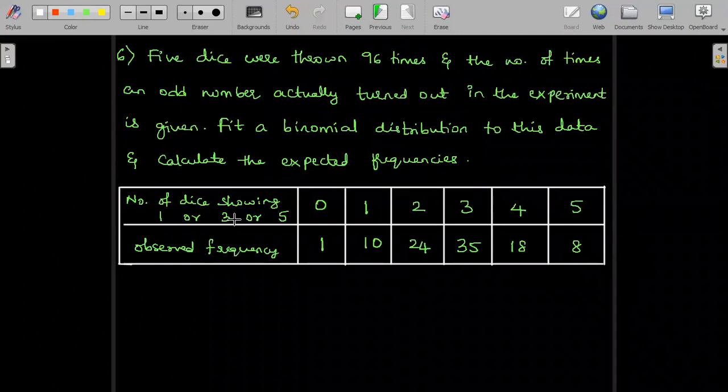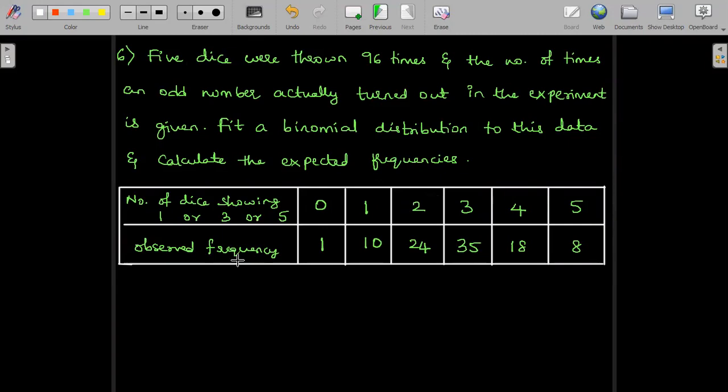Now the meaning of number of dice showing 1 or 3 or 5 means, no dice out of 5 dice thrown 96 times. So suppose no dice showing 1 or 3 or 5 is happening one time. One of the dice showing 1 or 3 or 5 is 10 times. 2 dice out of the 5 dice that are thrown showing 1 or 3 or 5 is 24 times.